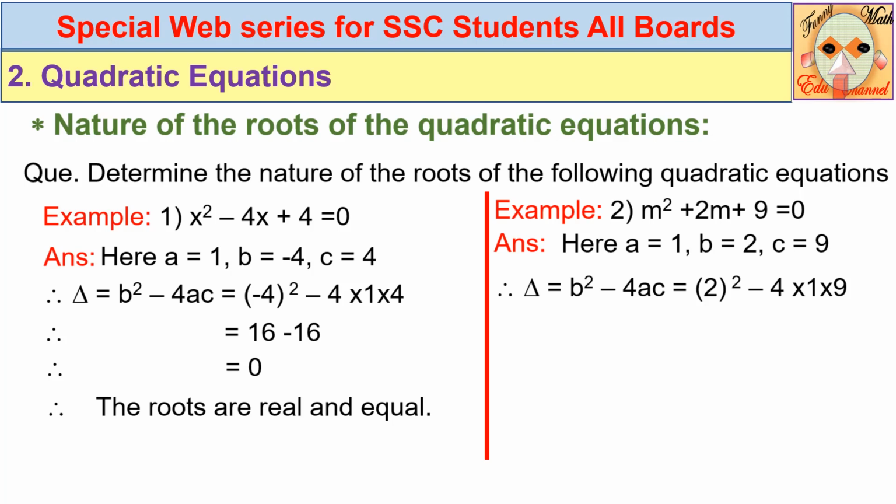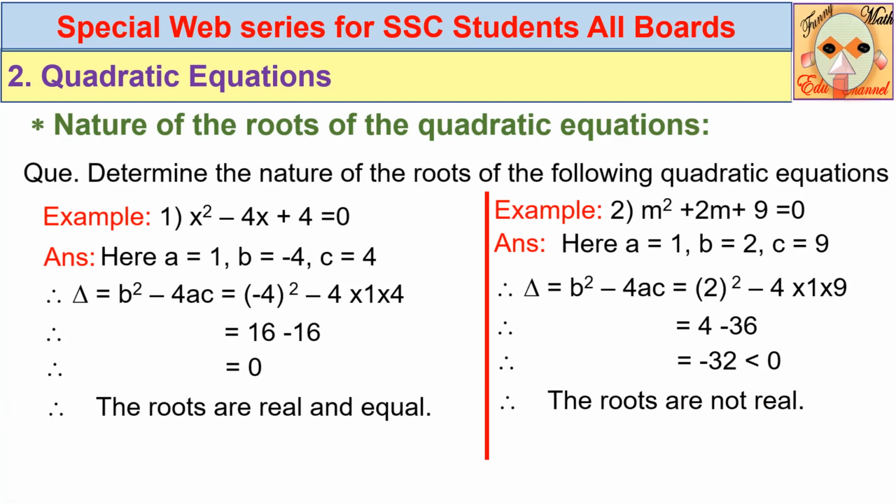Now 2 square is 4 and minus 4 nines are 36, so 4 minus 36 you will have the value minus 32, and that is a negative value, and so less than 0. This conclusion you have to write down here with the symbol less than 0. Means delta is less than 0. So what we say, the nature of roots: the roots are not real.